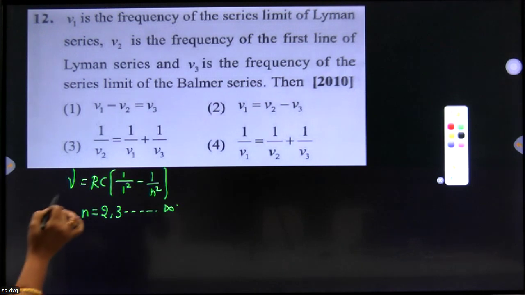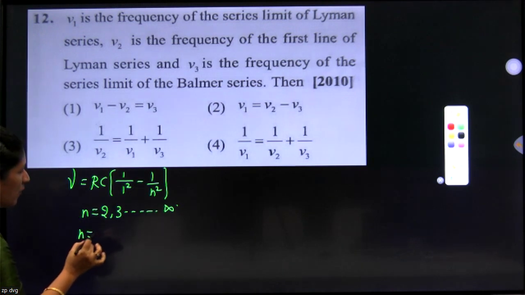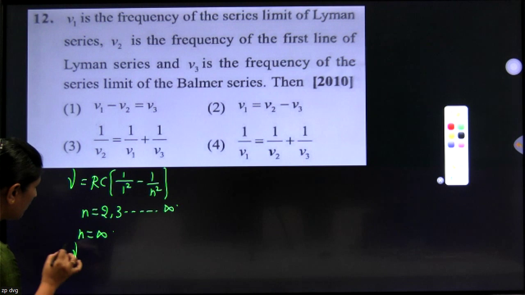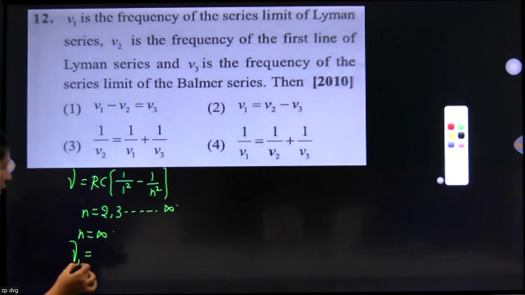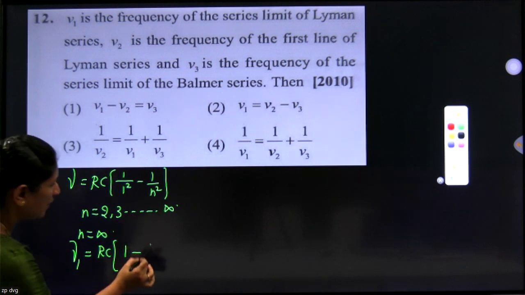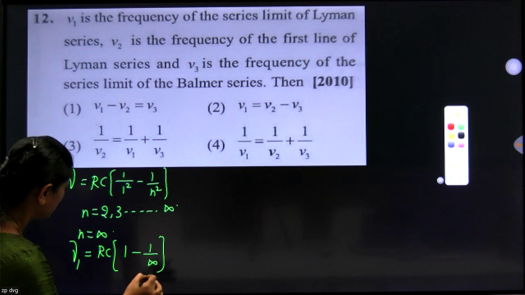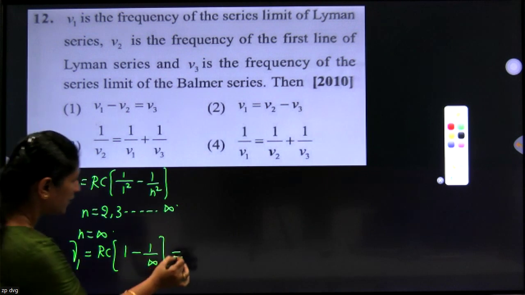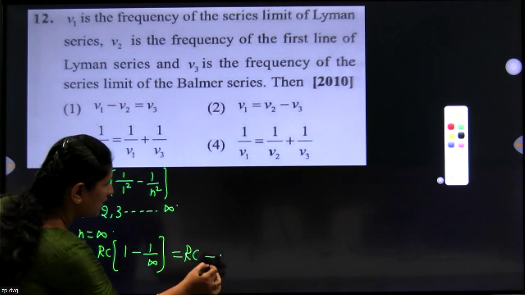For series limit, n is equal to infinity. Therefore, nu1 is equal to RC into (1 minus 1 by infinity, that is 0). Nu1 is equal to RC. That is equation 1.